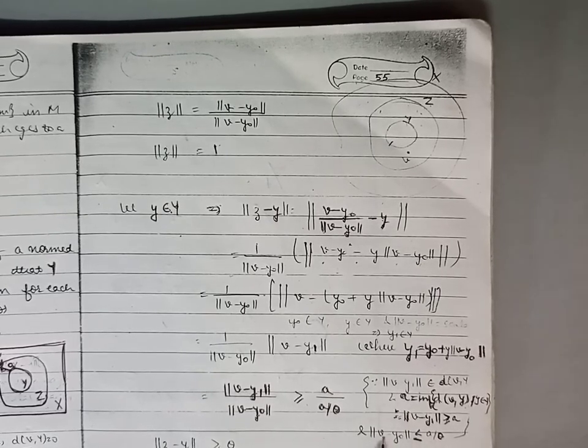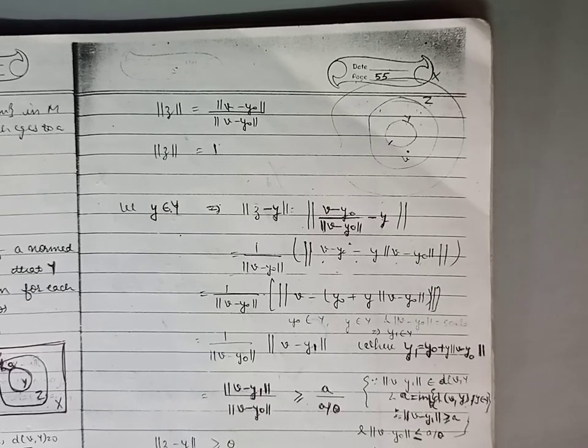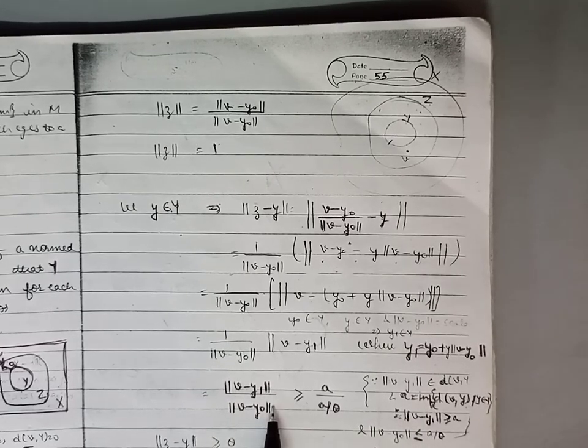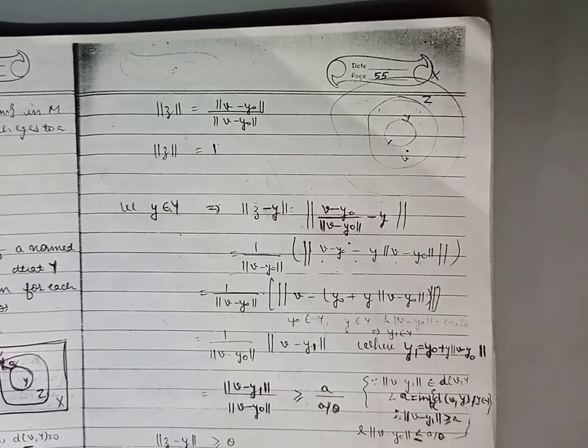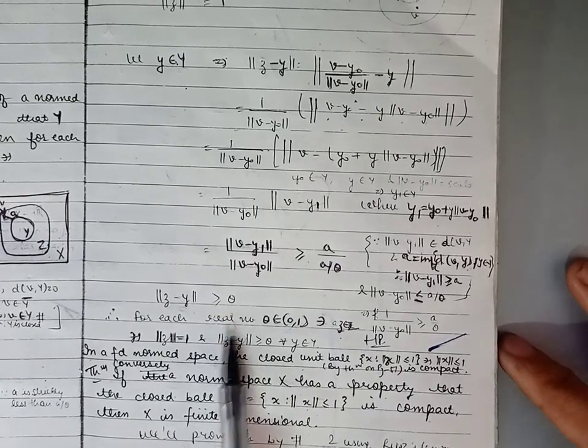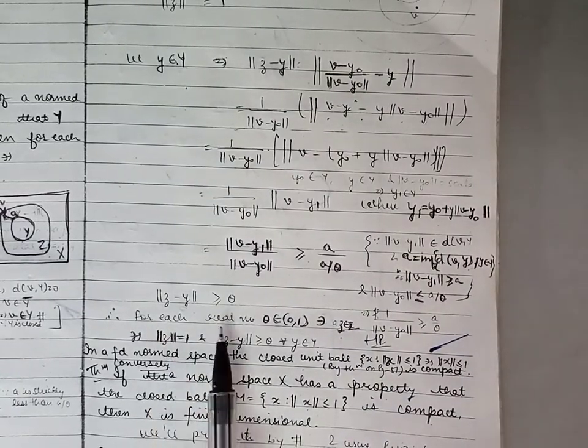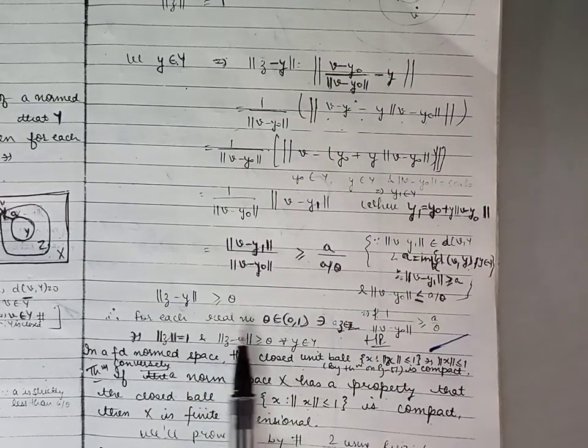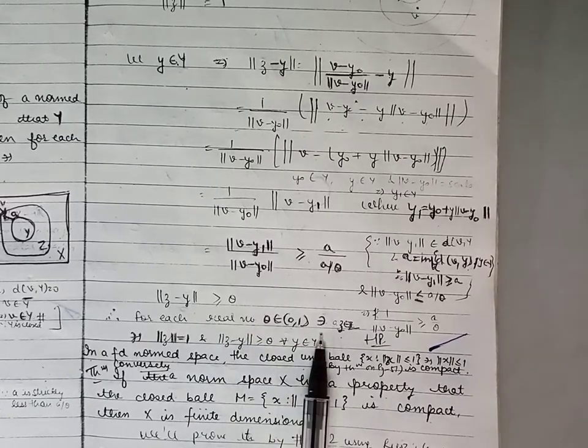Taking reciprocals, we get 1 upon the norm of V minus Y naught is greater than or equal to theta by A. So substituting the values here, we get the norm of Z minus Y is greater than or equal to theta. Thus we have proved all the three conditions, and this completes Riesz lemma.